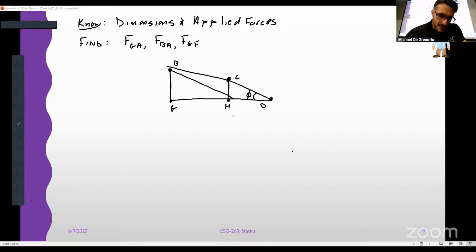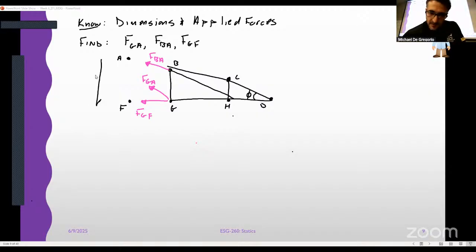When I made my cuts, I've got three forces here, right? I've got FGF, I've got FGA, and I've got FBA. This points at point A, and this one points at point F, and this one points also at point A, right?